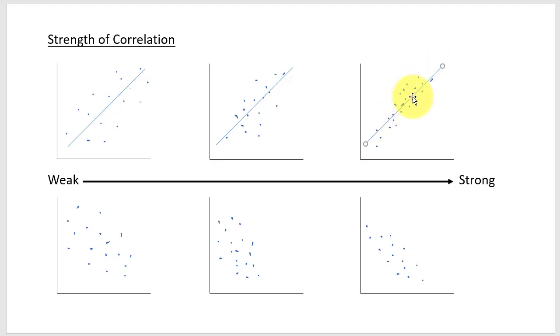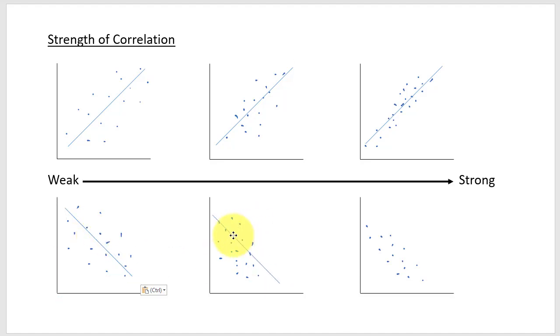Okay. And then in the bottom set of examples, let me get this trend line oriented the right way. We still have a weak correlation, but it's a weak negative correlation. So the top and the bottom examples might have the same strength, meaning that they're weak altogether, but they're just weak in different directions.